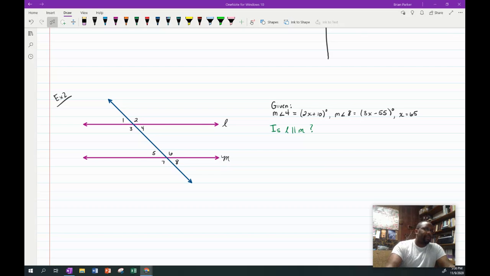Well, L is only going to be parallel to M if certain congruencies are true. If you go back and look at your Quizlet cards, we need alternate interior.